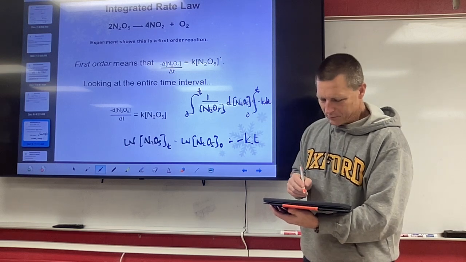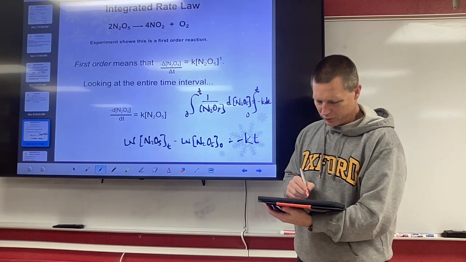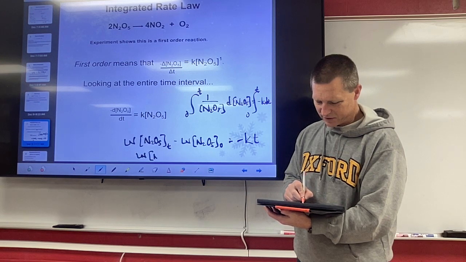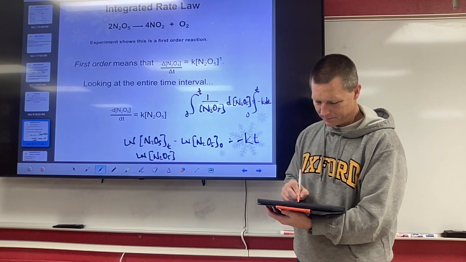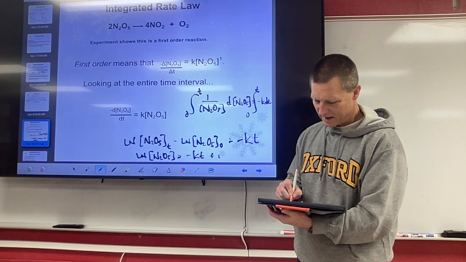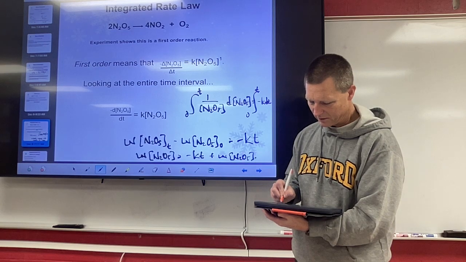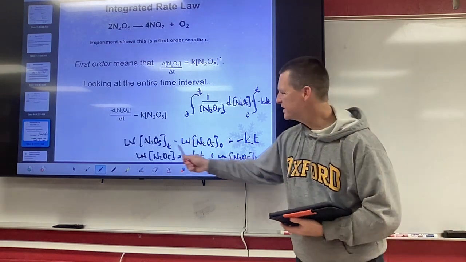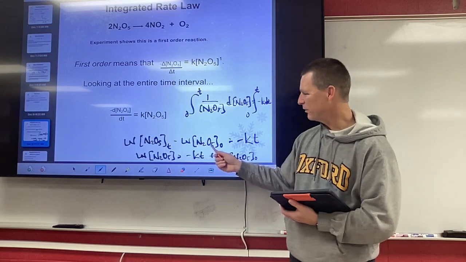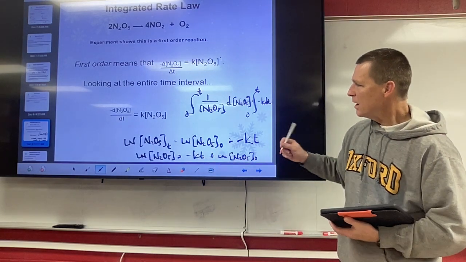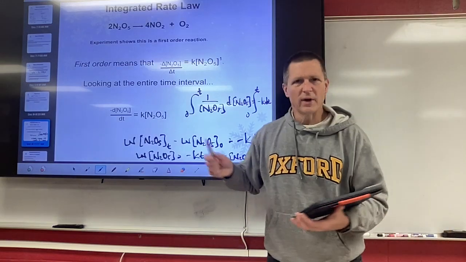Now, we normally will put it into this form: ln of concentration N2O5 equals negative kt plus ln of N2O5 at time 0. I just took the minus ln of N2O5 at time 0 term and moved it over to the other side. Okay, now what did I just do?